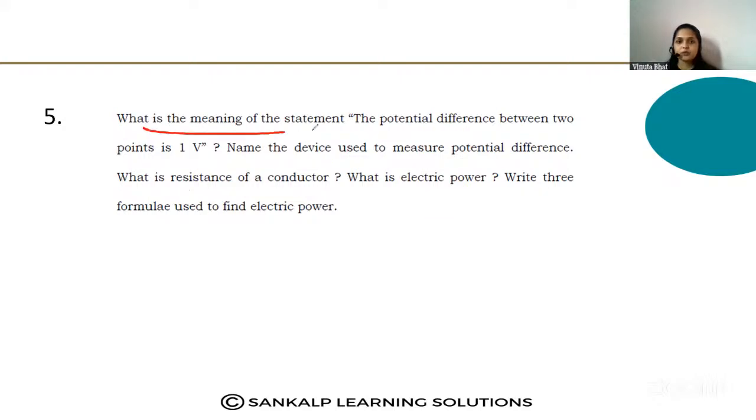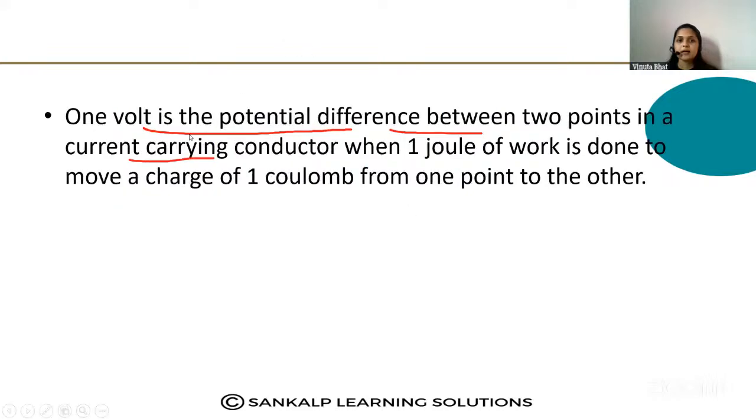What is the meaning of the statement: the potential difference between the two points is 1 volt? 1 volt means that 1 volt is the potential difference between two points in a current carrying conductor when 1 joule of work is done to move a charge of 1 coulomb from one point to another point.